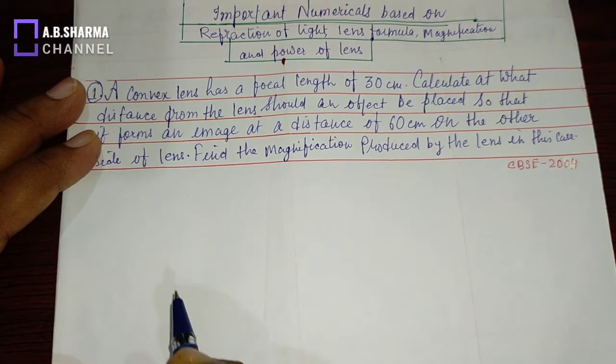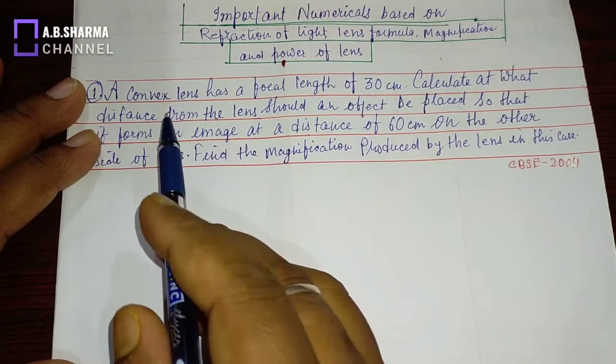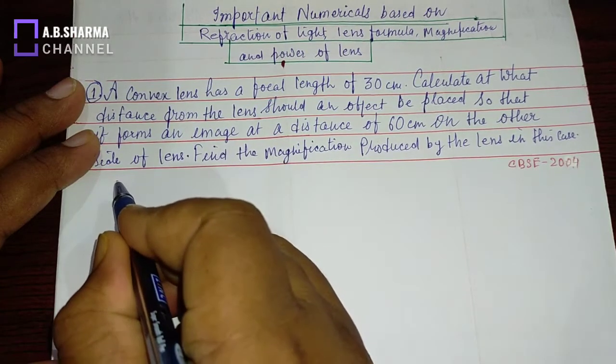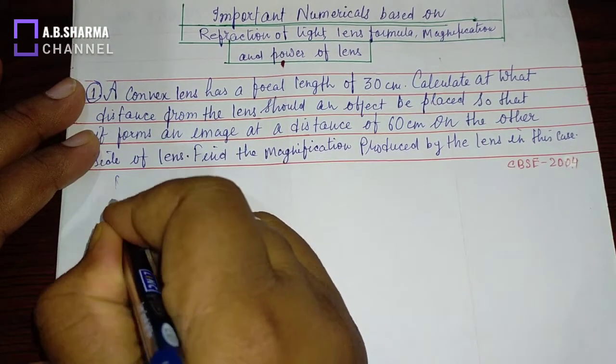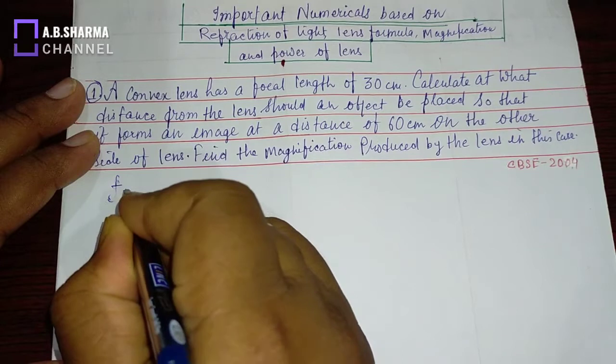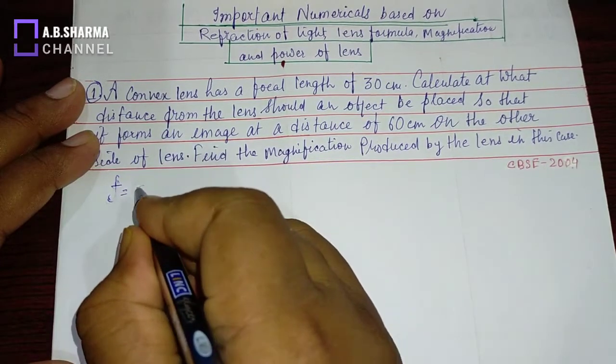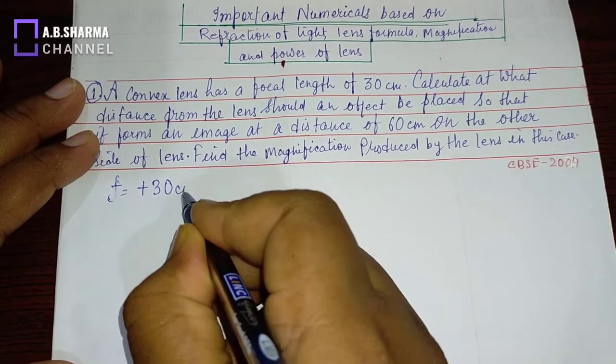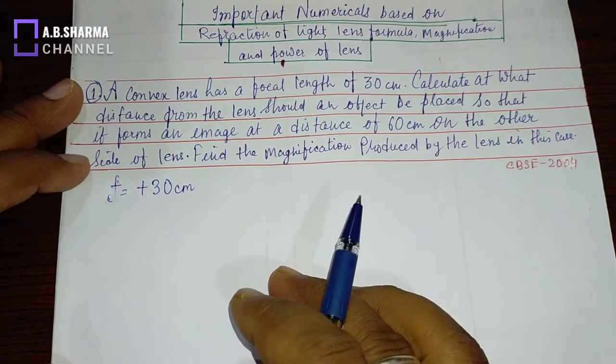First we will write the given information provided by the question. The convex lens has a focal length f, which is given as plus 30 centimeter. Since this is a convex lens, focal length will be positive.